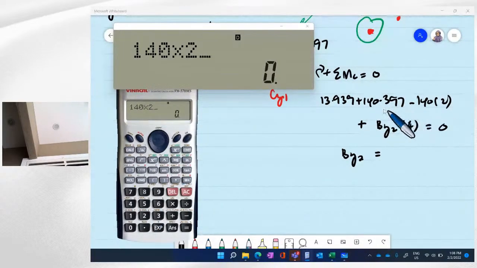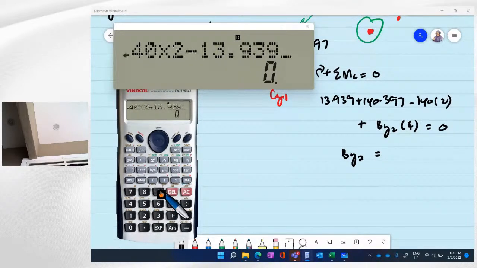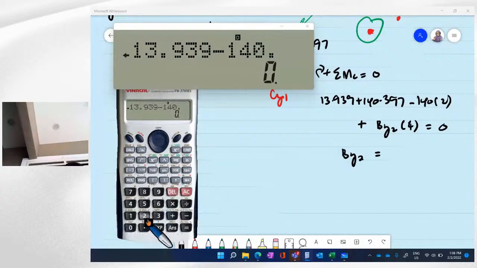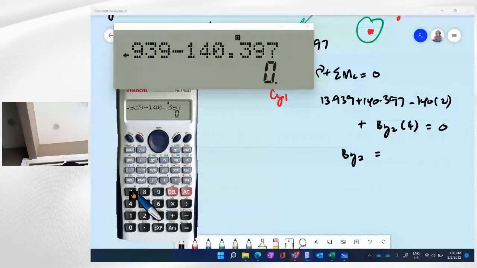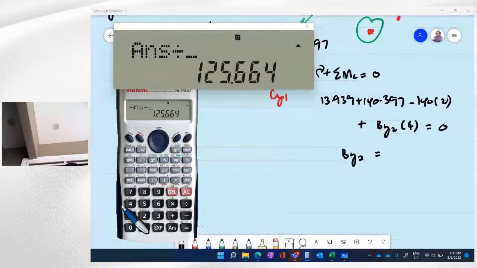Minus 13.939, minus 140.397, and we divide by 4.